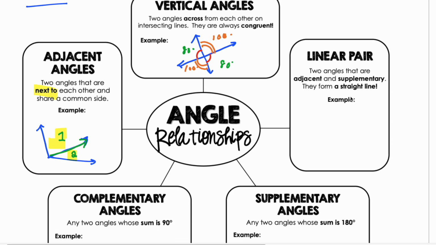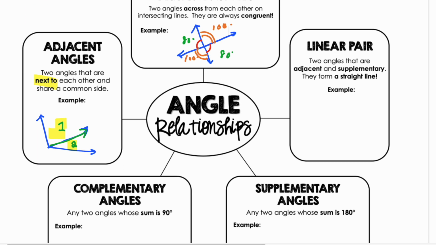Okay. A linear pair. They're two angles that are adjacent and supplementary. They form a straight line. So here we're adding adjacent, and we're going to talk about supplementary in just a minute, but let's go ahead and draw what that might look like. So we have a line.